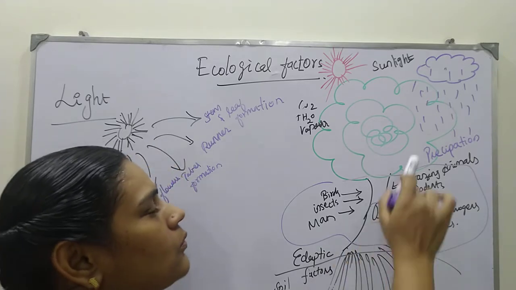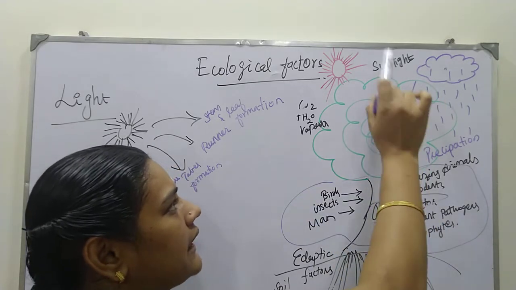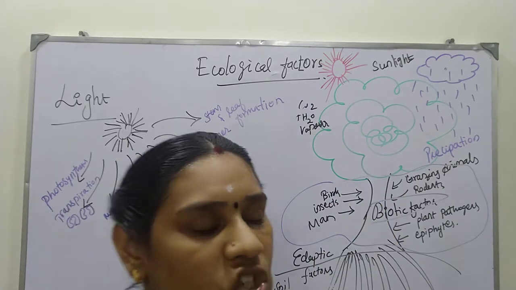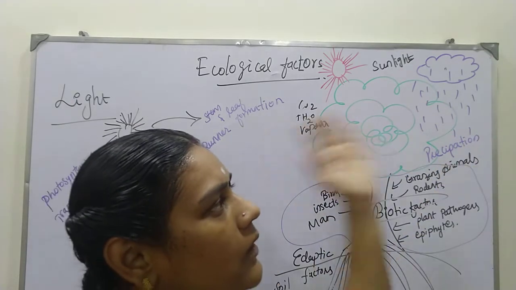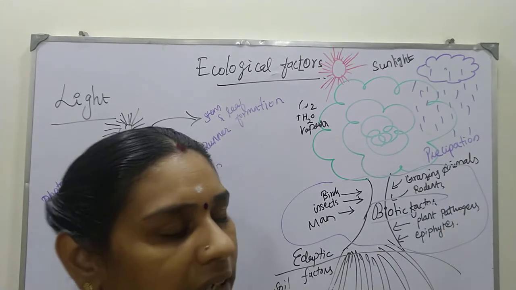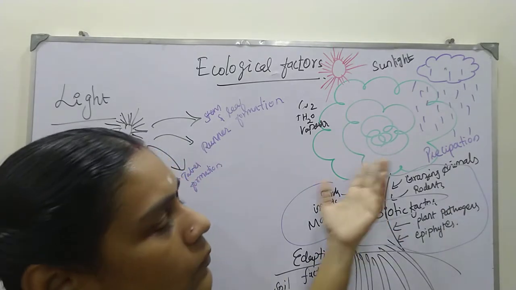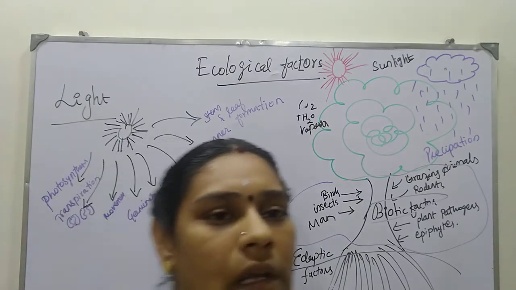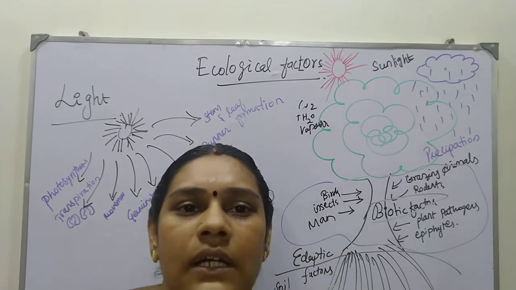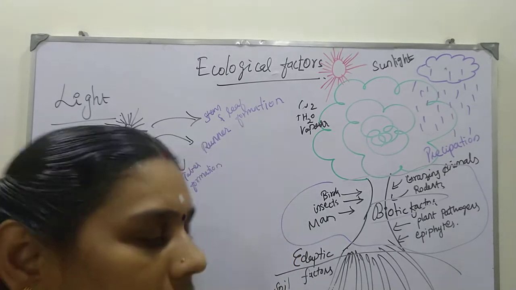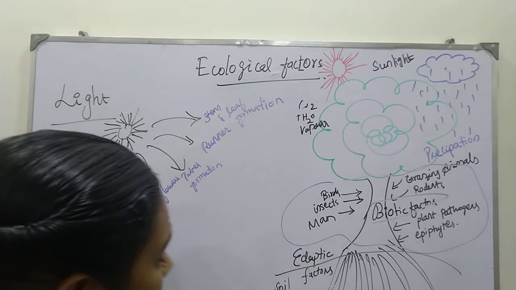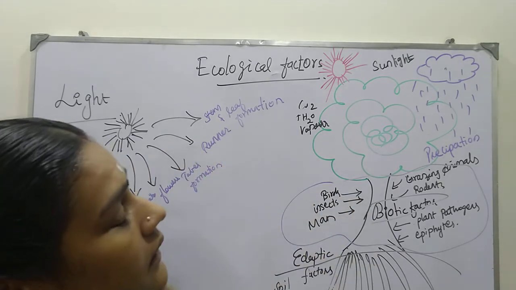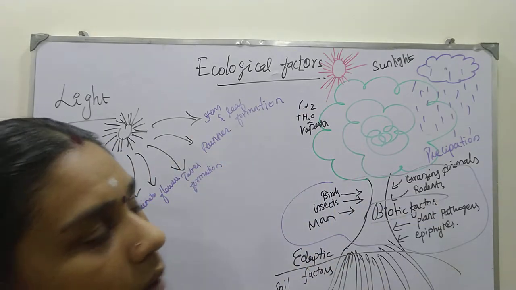Abiotic factors are sunlight, water, wind, temperature, fire and so on, coexisting along with this plant. Edaphic factors are soil pH, soil water and all those things. Based on this you will get some idea.